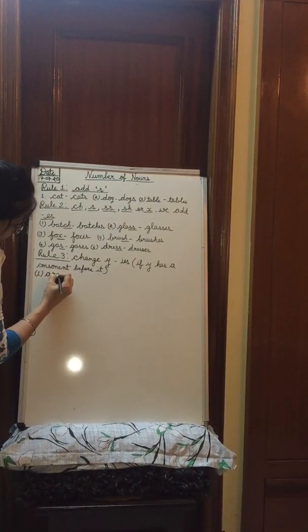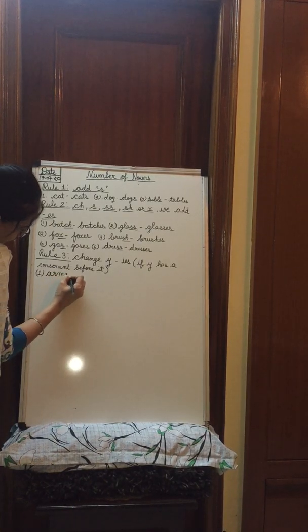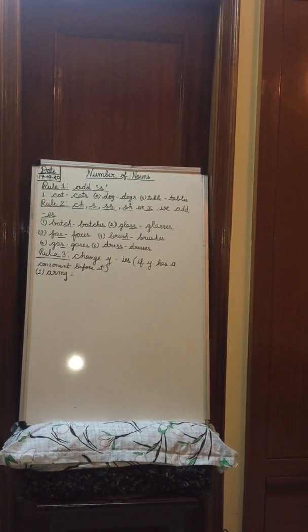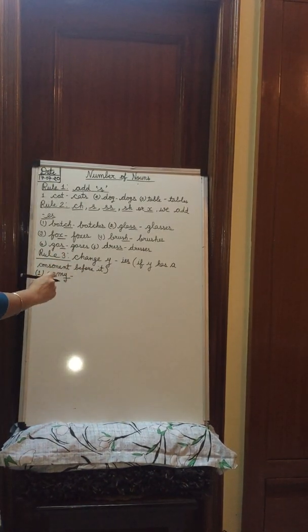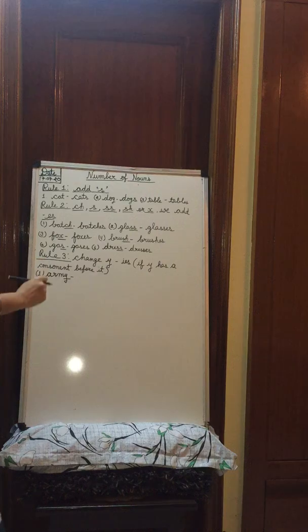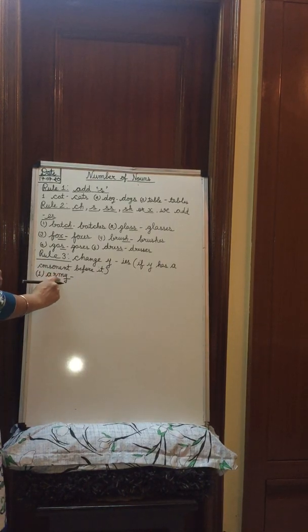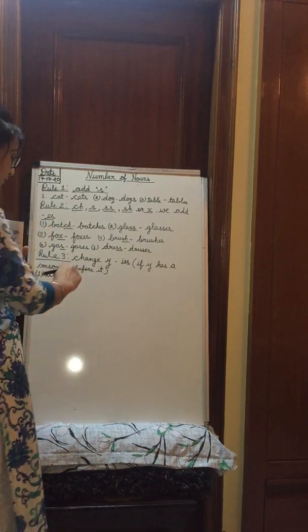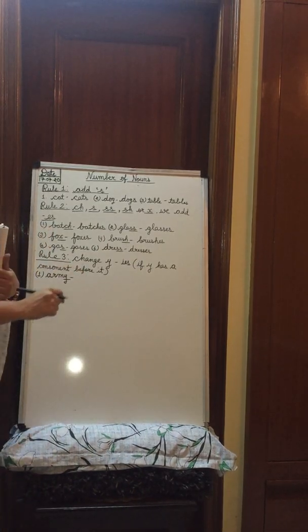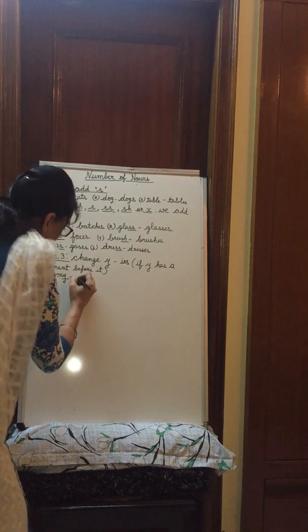Like army. Here the noun ends with Y and we have a consonant before Y. M is a consonant. So we will change Y into IES.